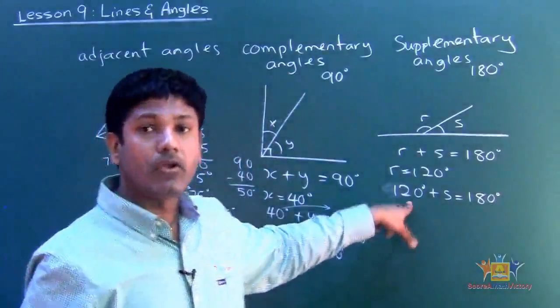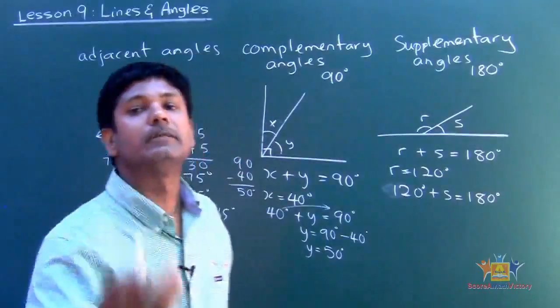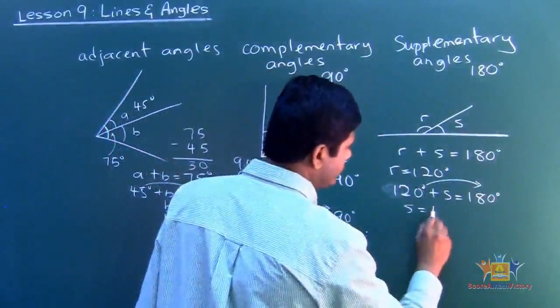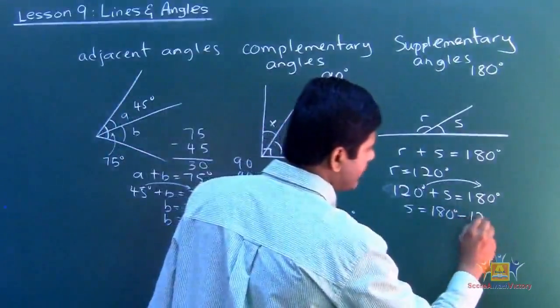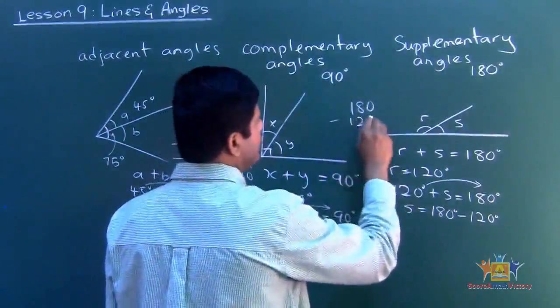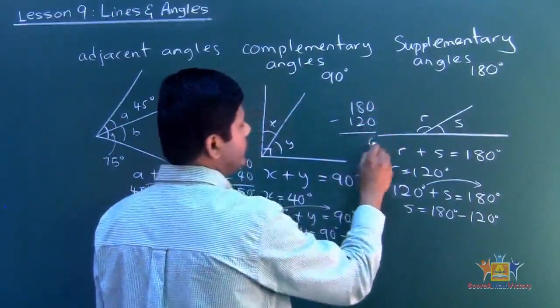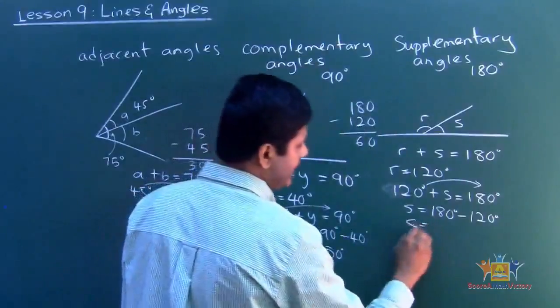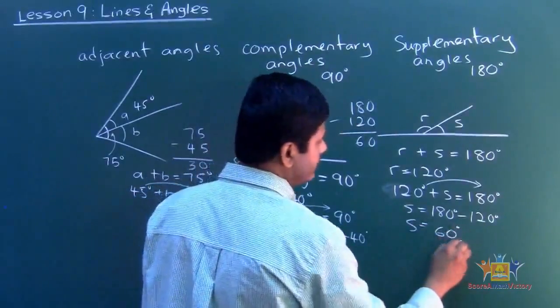It's adding. Crossing the bridge becomes subtraction, becomes minus. So S equals 180 minus 120. Line it up: 0 minus 0 is 0, 8 minus 2 is 6, 1 minus 1 is 0. That means S is 60 degrees.